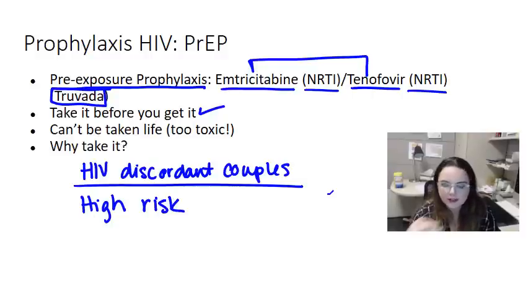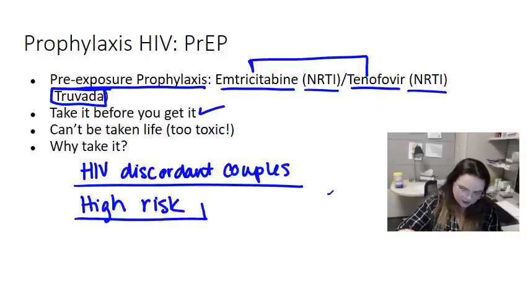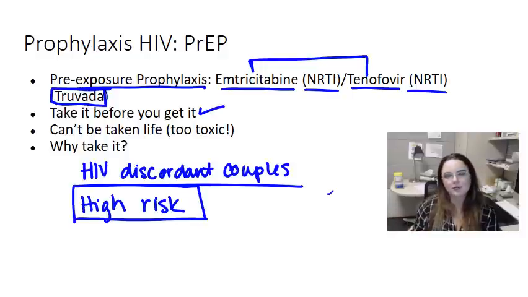Often in urban settings, we see this in cities. So in this case, you have a patient who behaviorally is consistently putting themselves at risk for contracting the HIV virus. You may consider putting them on PrEP to reduce their overall risk of contracting it.